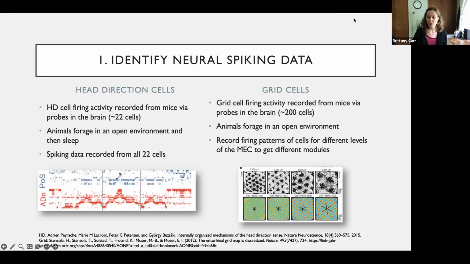Okay, so the first thing we're going to do, if we're going to try to decode data, is actually have some data. We're going to look at two different kinds of data: the head direction cells as well as the grid cells. For the head direction cells, we have cell firing activity recorded for mice via probes in the brain for about 22 head direction cells. The animals forage in an open environment, and the spiking data is recorded from all 22 cells.